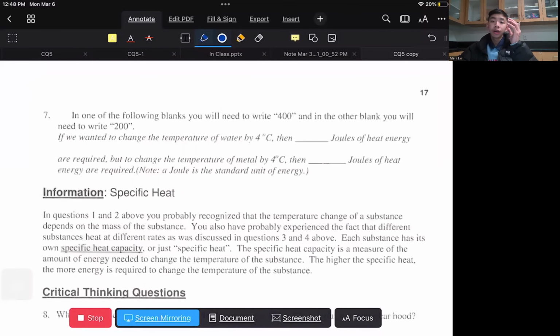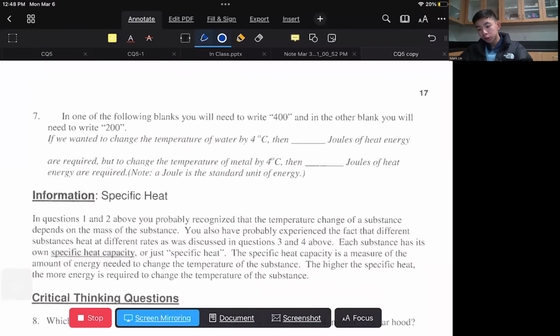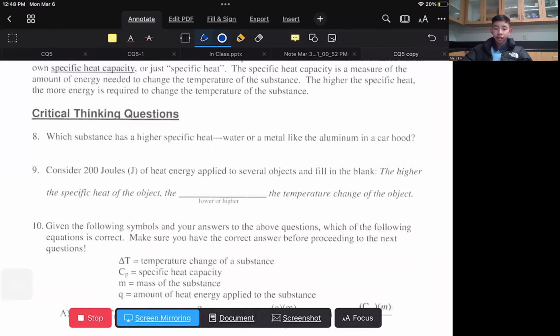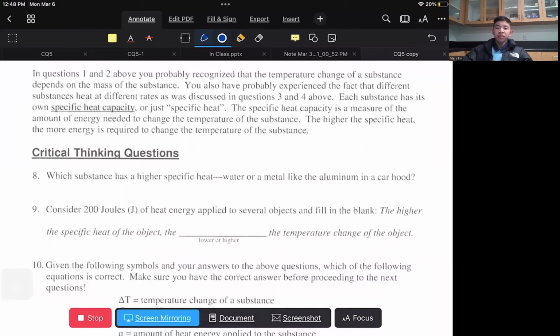So right, water has a larger heat capacity, so it would take more energy to change the temperature. So the bigger number will be 400 for water, and for metal, it has a smaller heat capacity, so it's easy to change it. So 200.